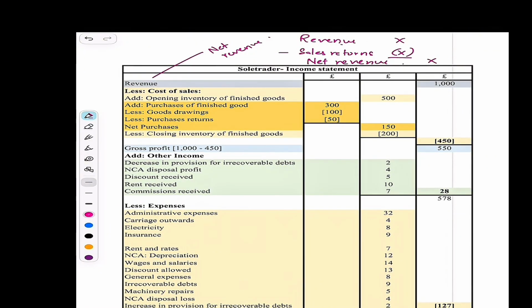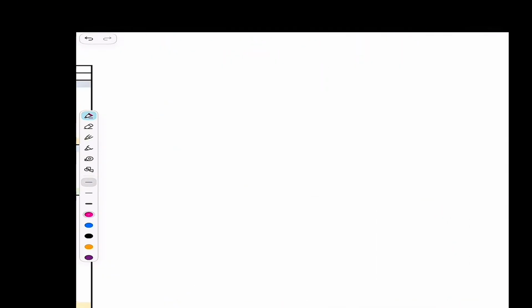The next section is cost of sales. So under cost of sales, you have important categories.